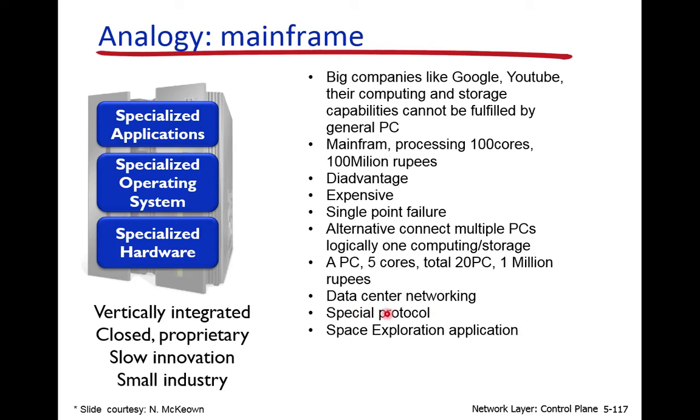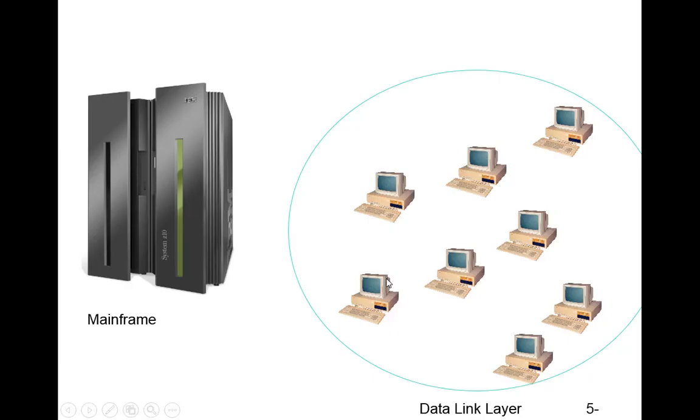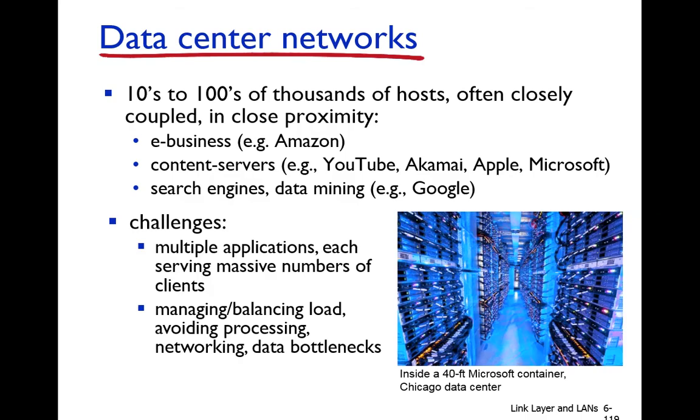Data center networking has special protocols, and it is also used in space exploration applications and other things. Data center networks have from tens to 100,000 hosts, and normally these hosts reside, closely coupled, in close proximity.